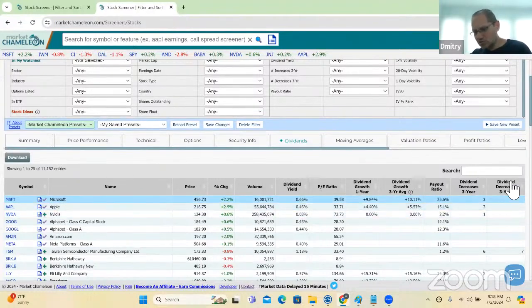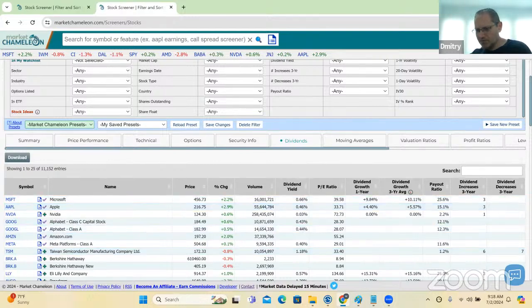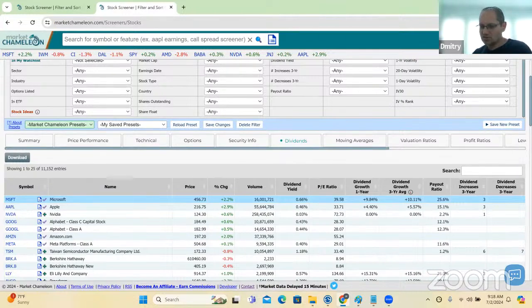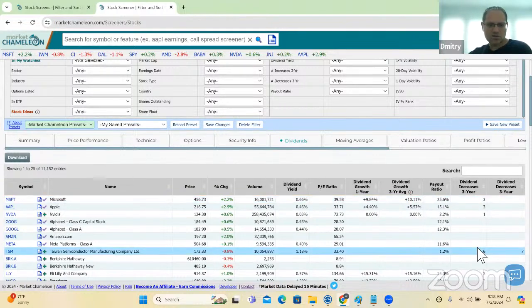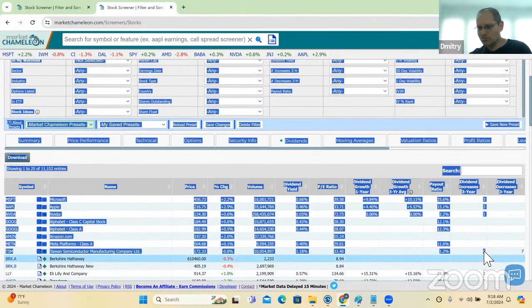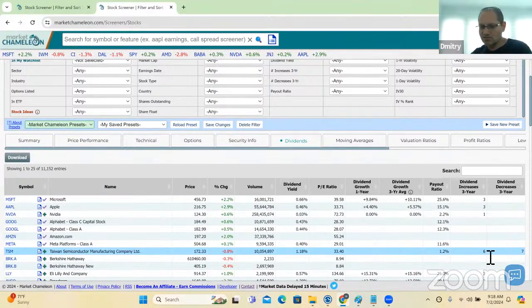And then this last one here compares, were there any dividend decreases in the last 3 years? That would be more in line with, like, if they had to decrease it, or sometimes you get a variable dividend, like this one, Taiwan Semi. They have 6 times they increased, 7 times they decreased. So this looks like more of a variable dividend, where it's not just a regular 25, 25, 25, whatever.